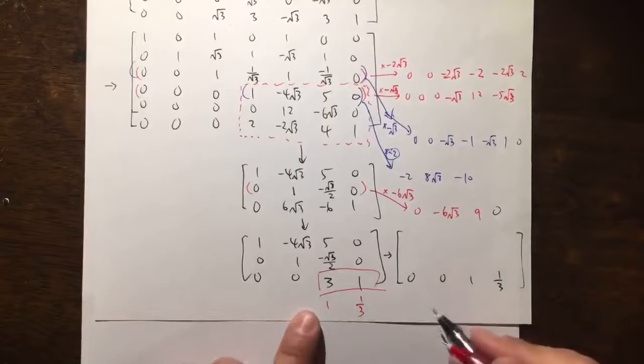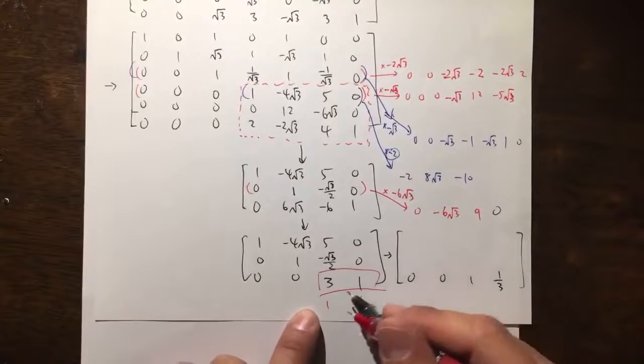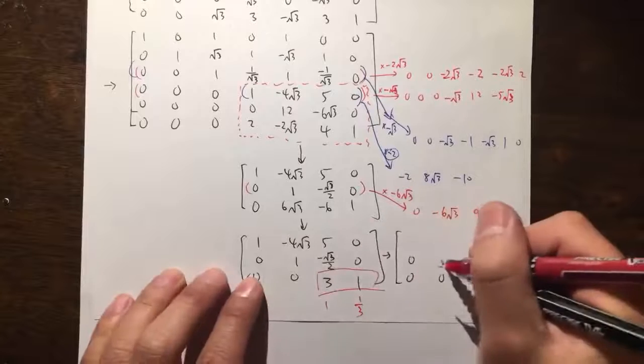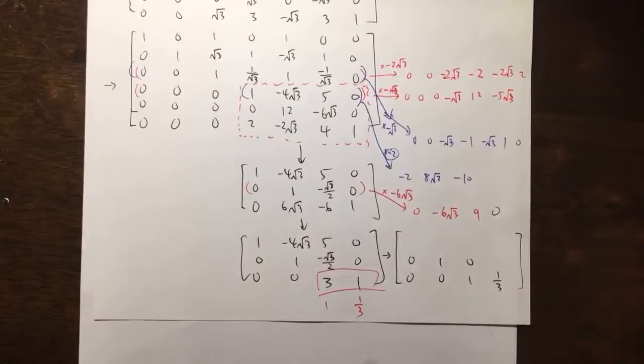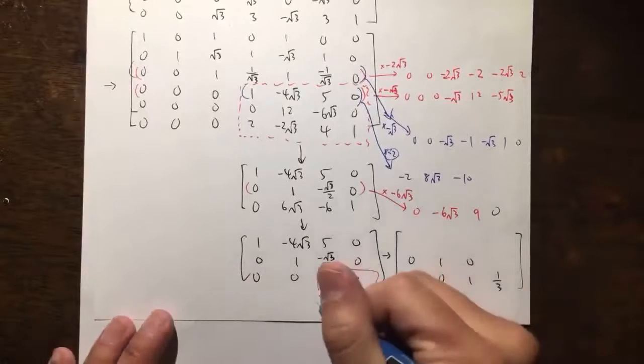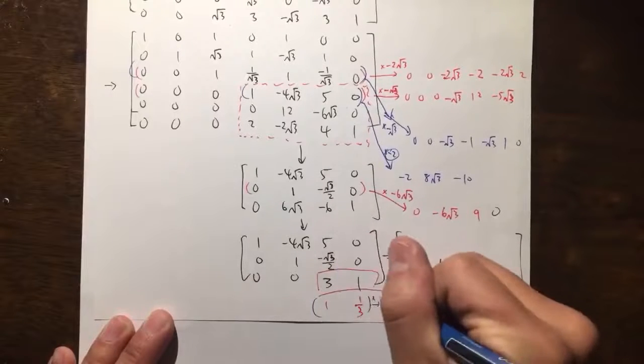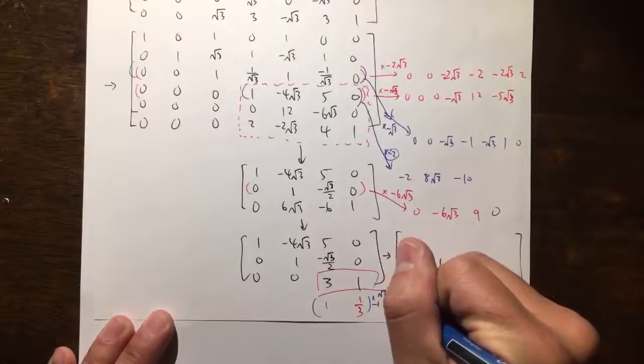Now let's try to do this in our head. I'm going to make this equal to 0, so I will end up with 0, 1, 0. But how can I do that? Well, I will have to multiply this by positive square root of 3 over 2.